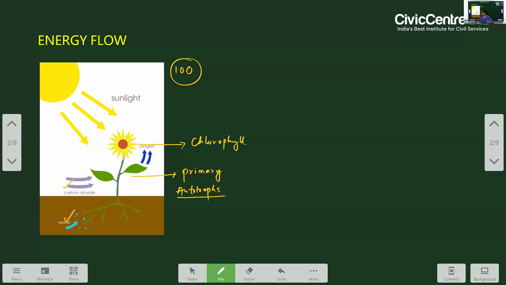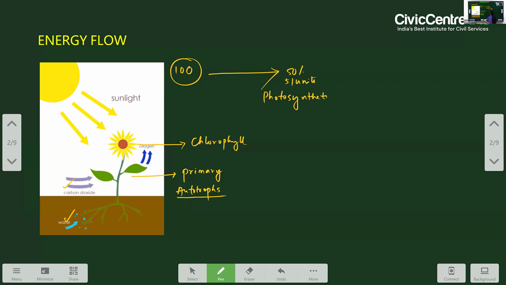And what percentage of the sunlight is available for the plants to prepare its food? Let's see. The amount of sunlight that reaches the surface of the earth is approximately 50%. That is, only 51 units of energy reaches the surface of the earth, and that is called photosynthetically available radiation.